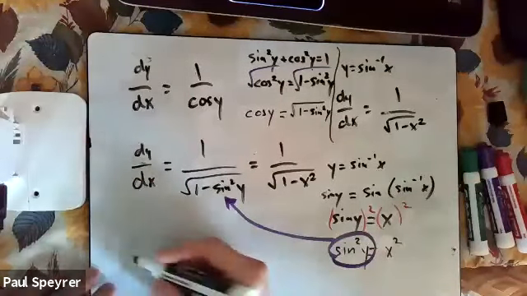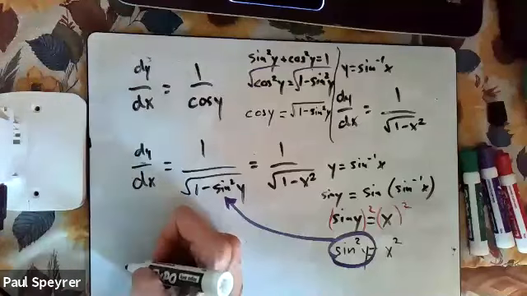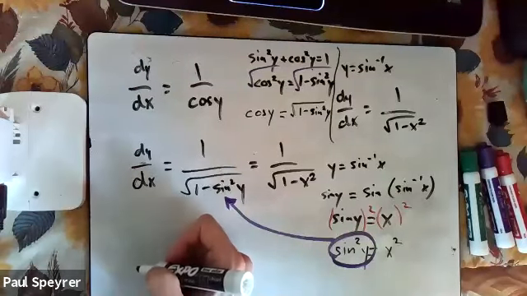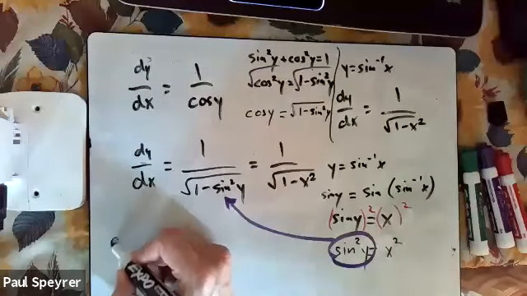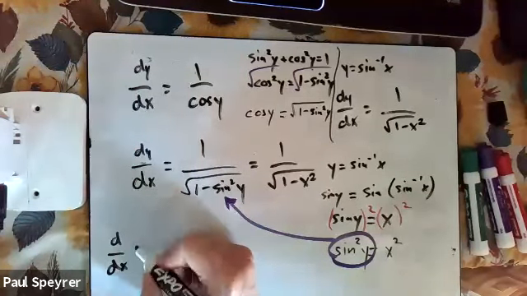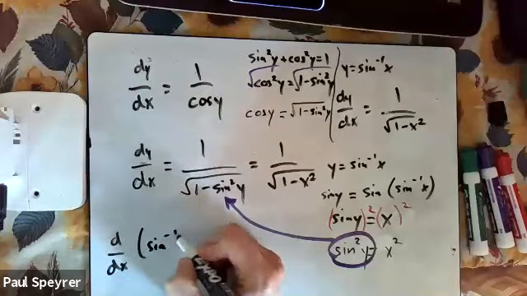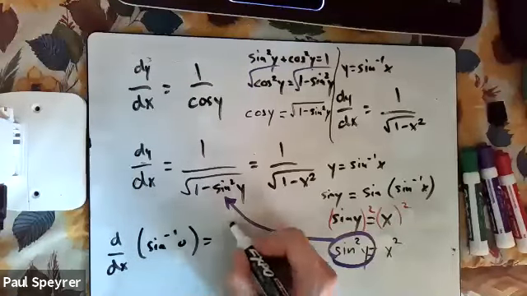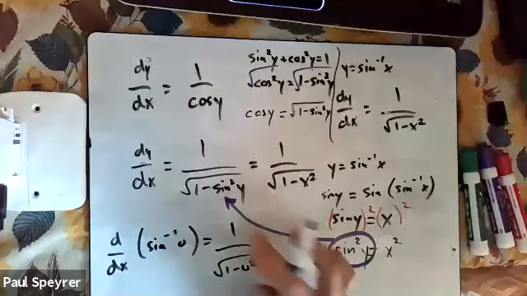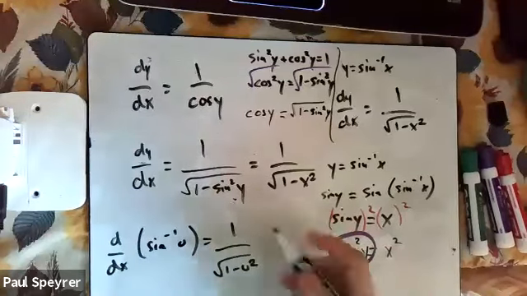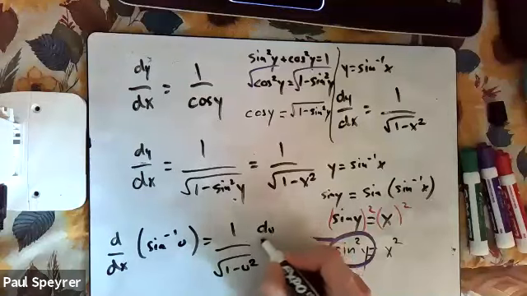So remember, going back, we have d dx of arc sine of u. That's equal to 1 over the square root of 1 minus u squared times du dx.